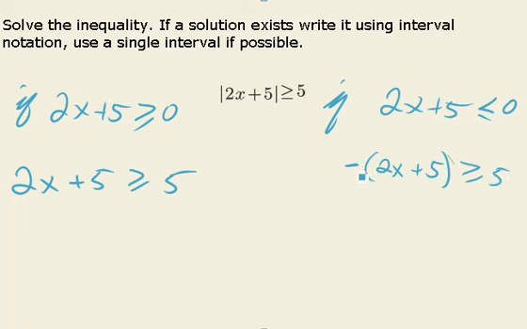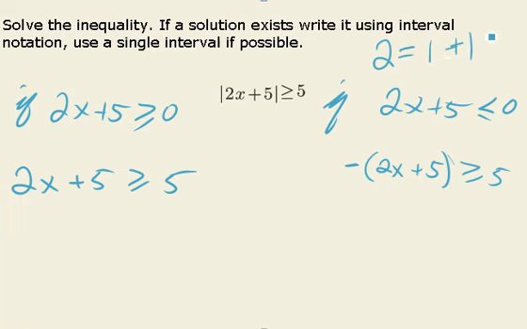Small word of warning here. Some people will say, oh look, you multiplied by a negative number, we have to switch the directions of our inequalities. That's not true, because I did not multiply both sides of the inequality by -1. All I was doing was rewriting those absolute value signs into a different form, similar to if I take the number 2 at some point and decide that I'd like to rewrite it as 1 plus 1.